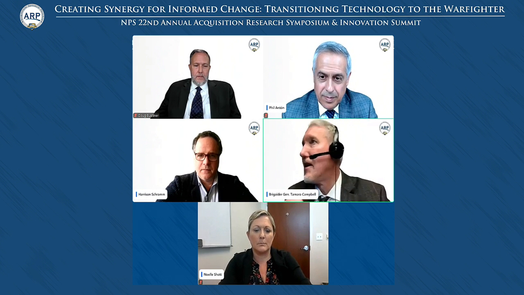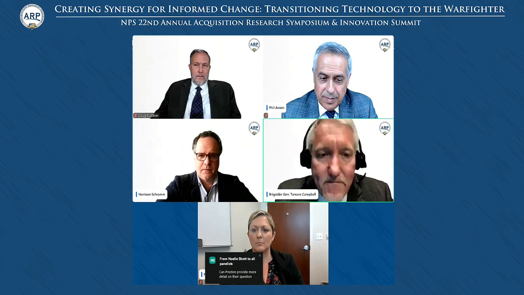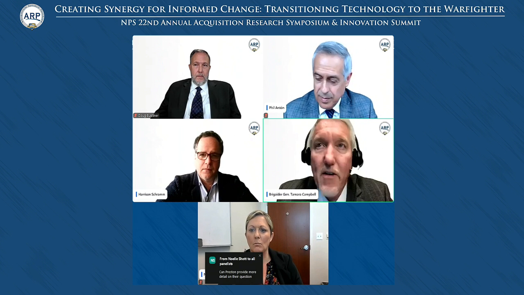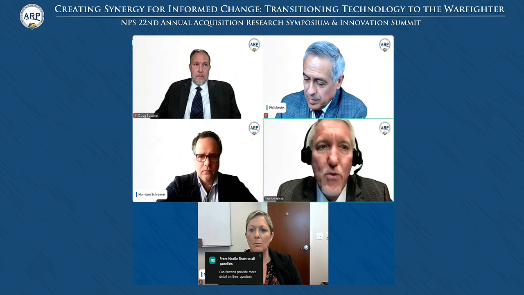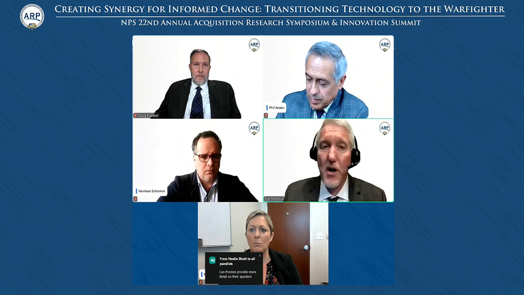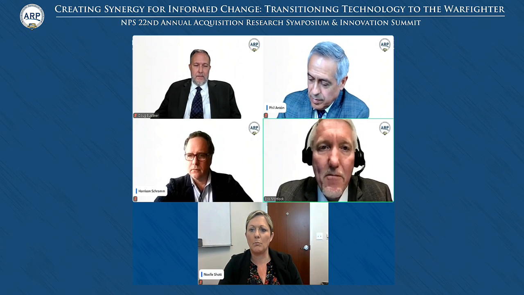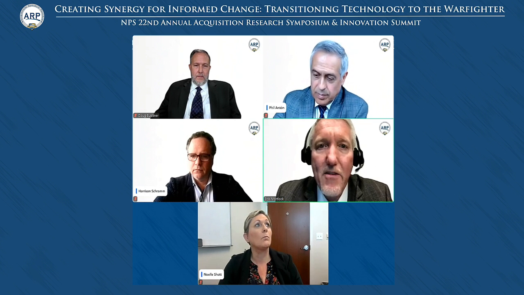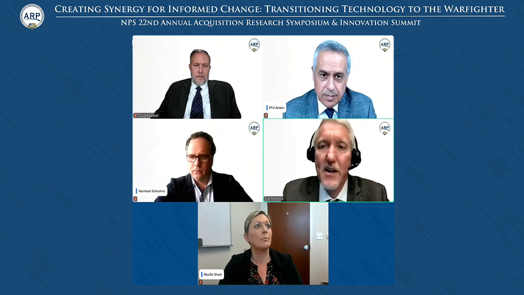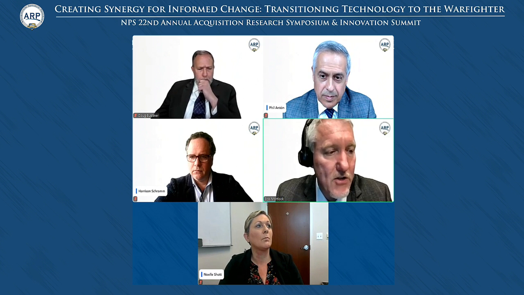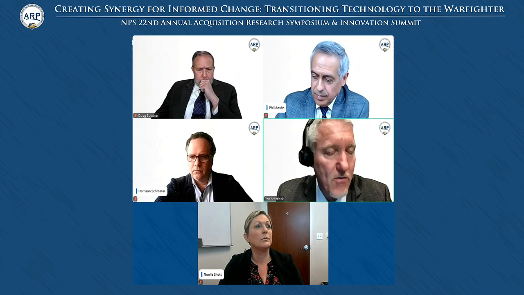At that time, there was usually a 5-year timeline because we would request money in the POM, the Program Objective Memorandum, for 5 years, and we'd show a plan to either transition the technology or field a limited residual technology.